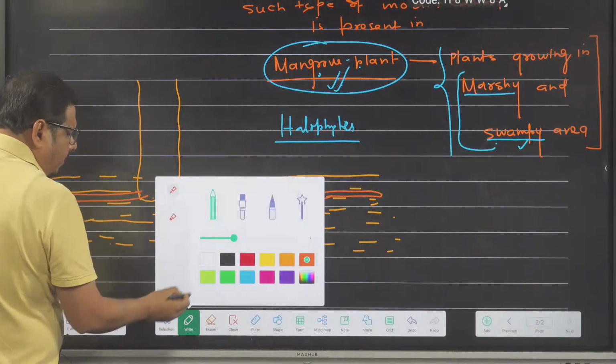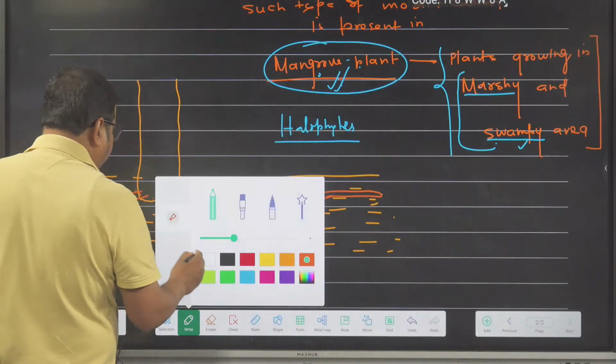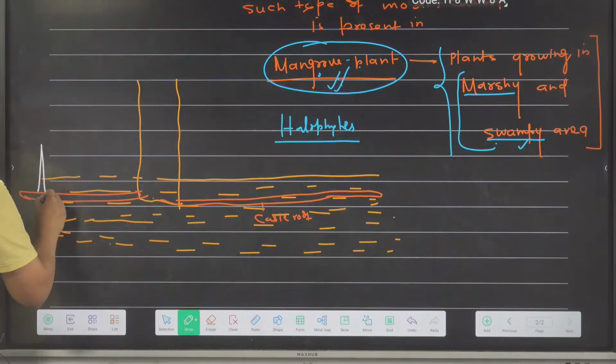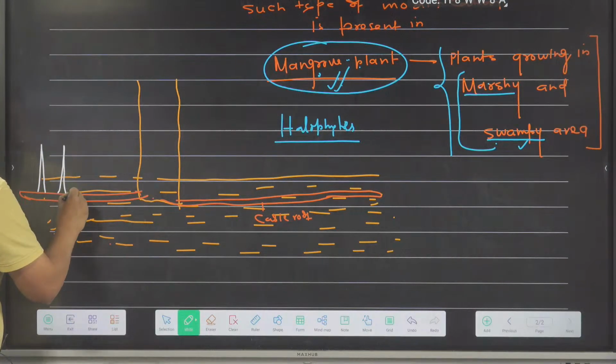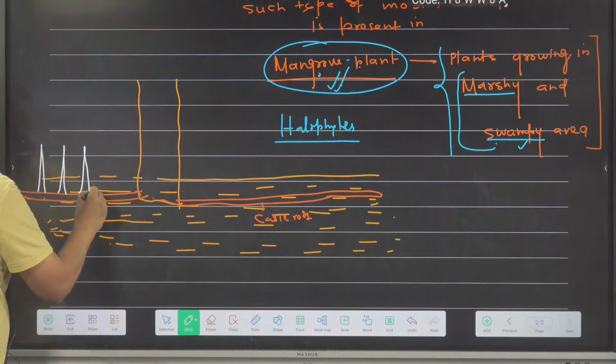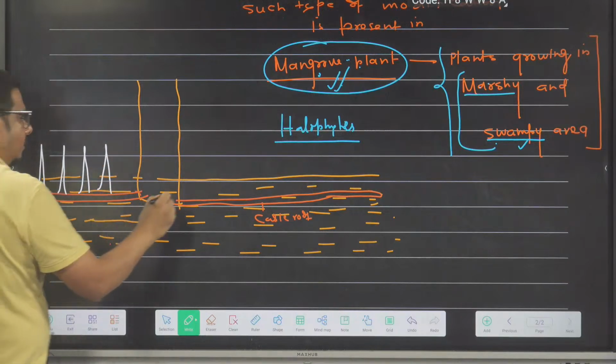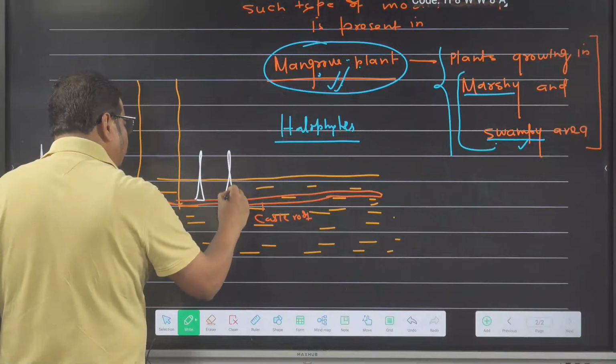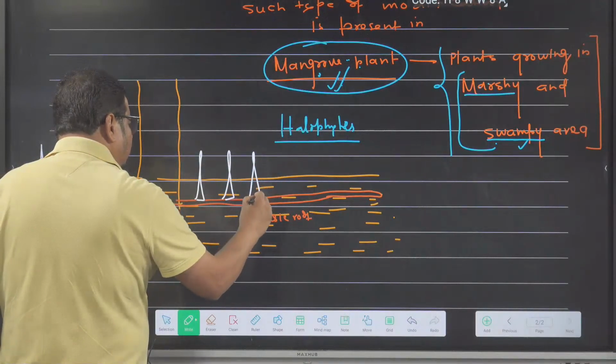Now from the cable root, what is arising? Respiratory roots are arising, the pneumatophores. These respiratory roots are moving positively phototropic, toward the light.